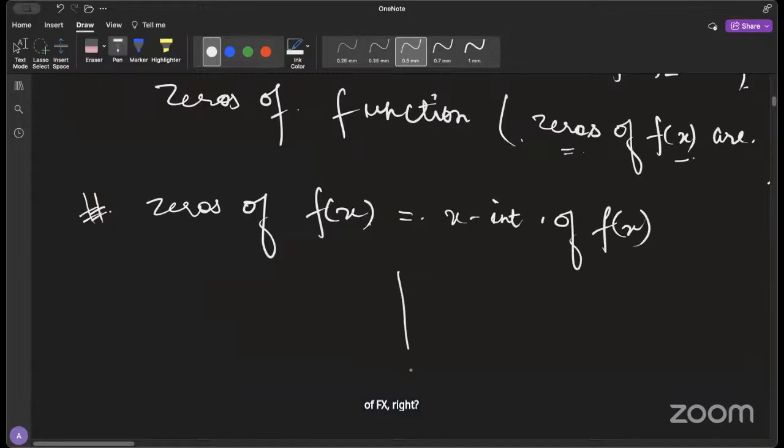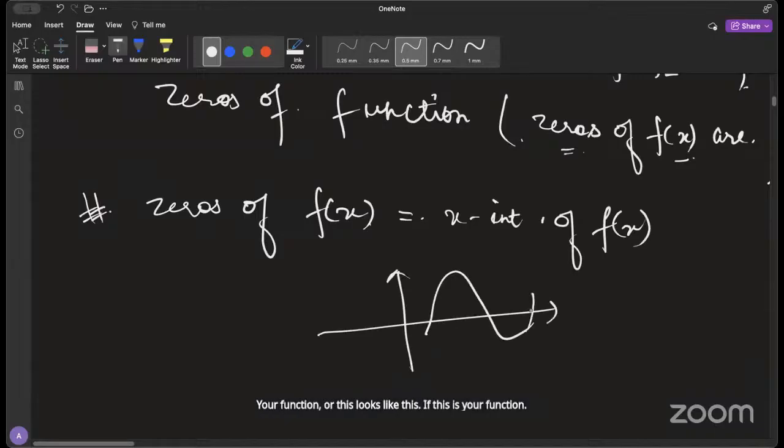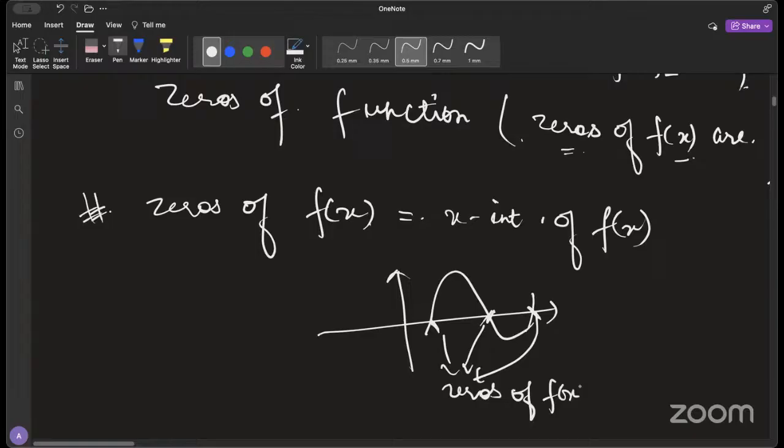If this is your function, then the points where it cuts the x-axis, these are zeros. They're all zeros, right? This is f(x).